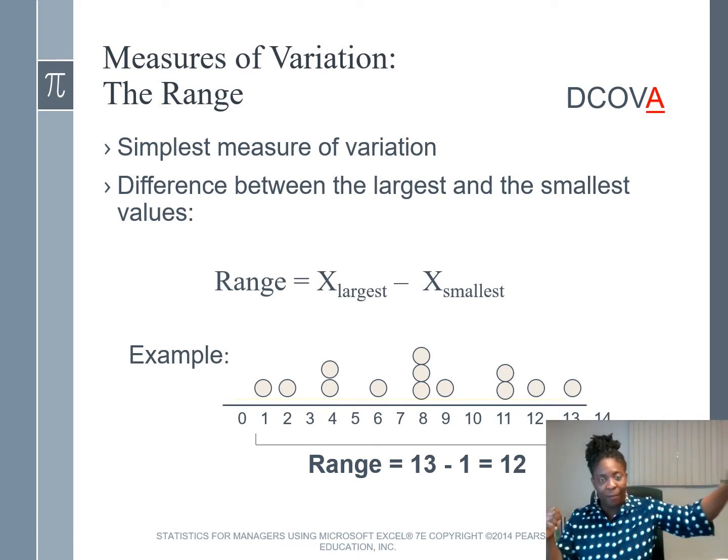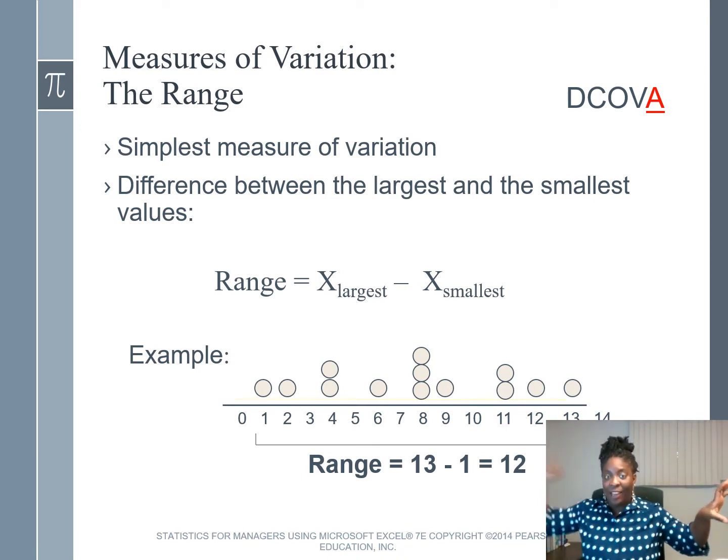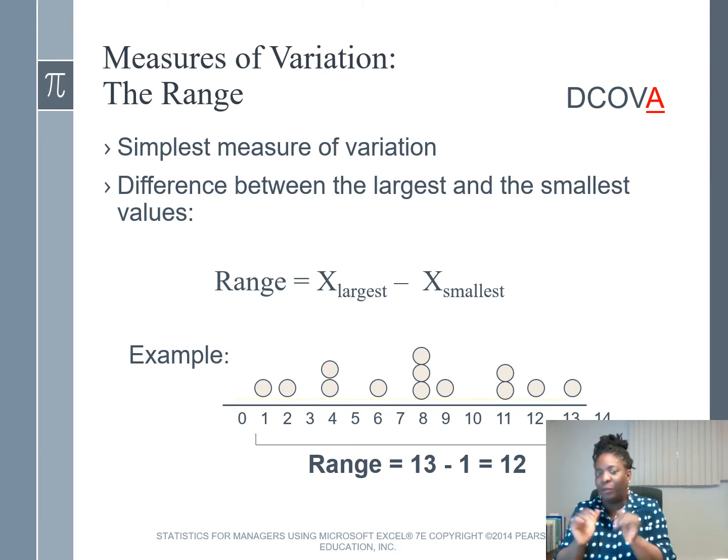The smaller the number on the negative end of the number line, the larger it is on the positive end of the number line, the wider the range is. And it really doesn't matter if there's no variation, if it's an outlier, if it's far away from the rest of the data, it doesn't really matter.